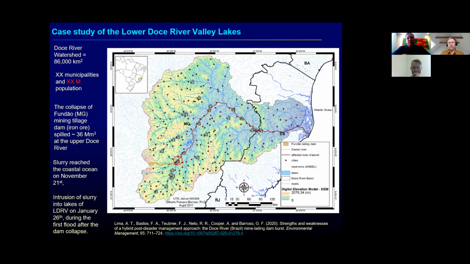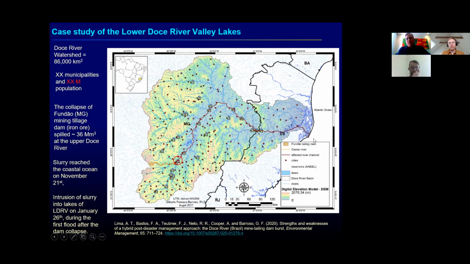So this is a sort of announced disaster. And there are many other watersheds in the country with this sort of slurry tailings dams.